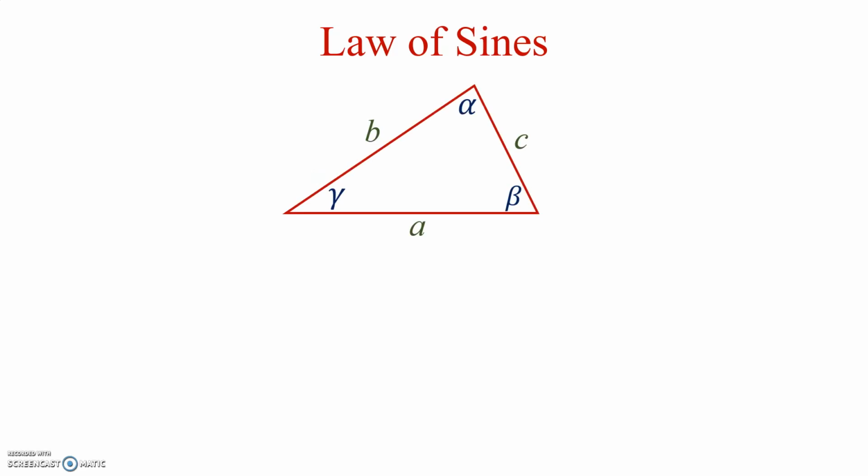So if I had this oblique triangle here with sides a, b, and c, and angles alpha, beta, and gamma, right now, if we drew this altitude, the altitude is drawn from one angle perpendicular to the opposite side.